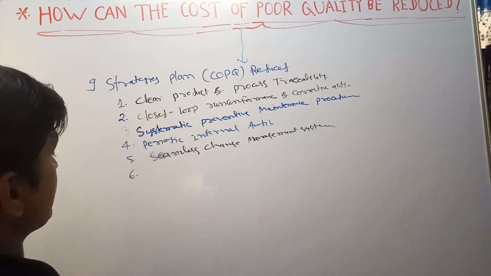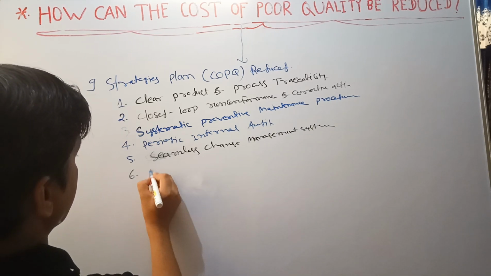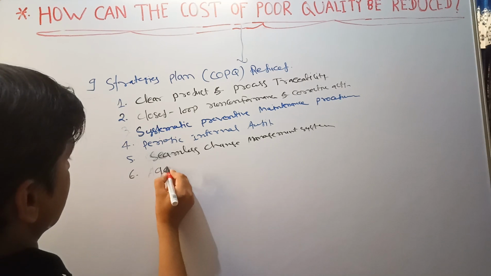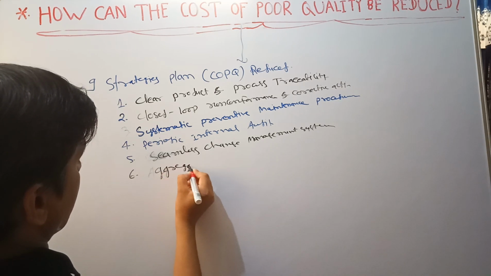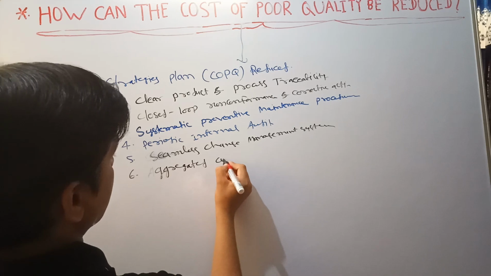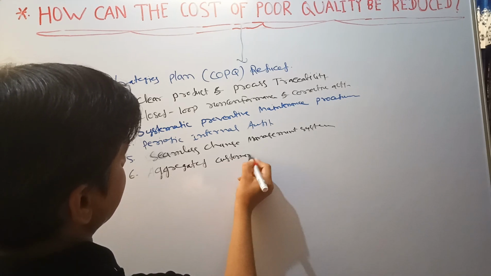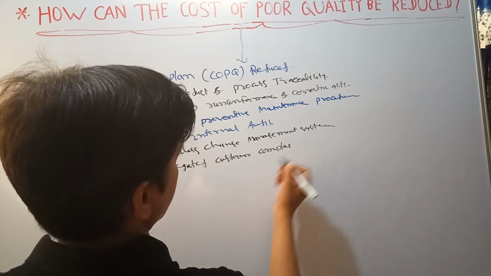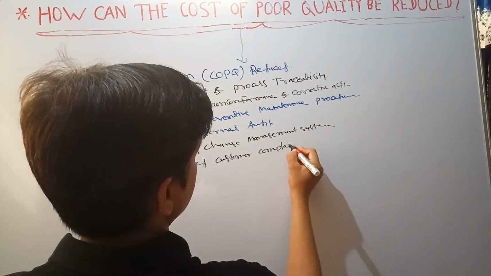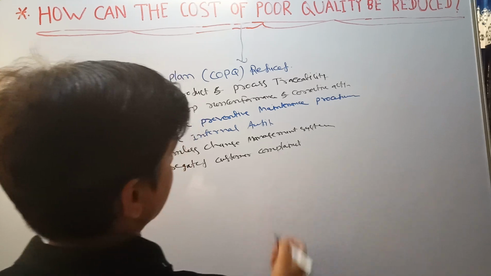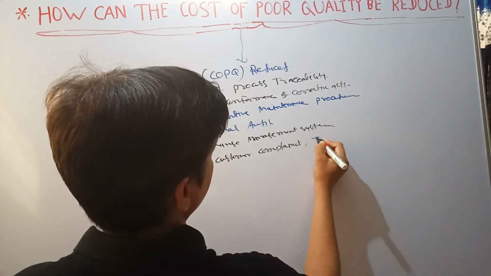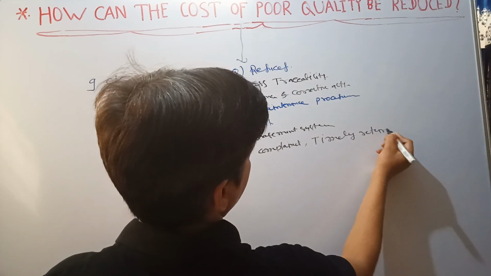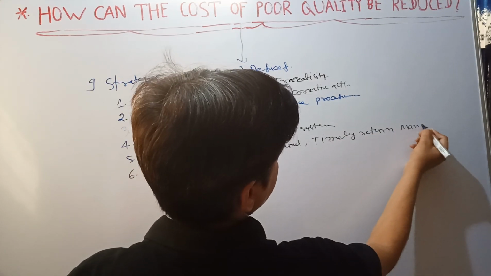And the sixth is the aggregated customer complaint and timely return management.